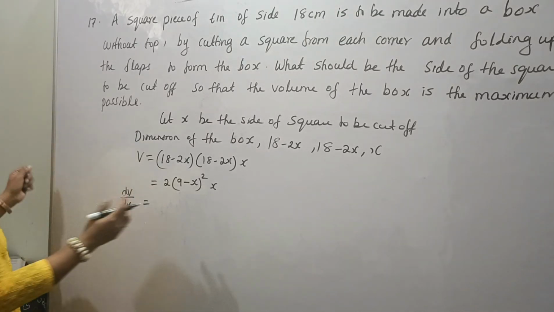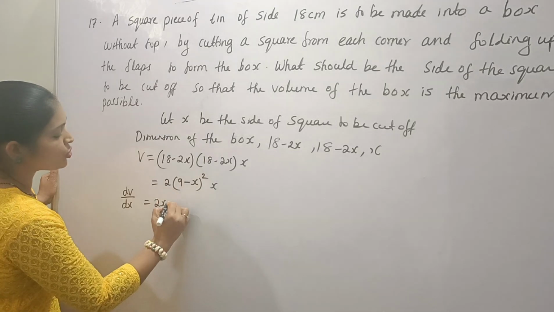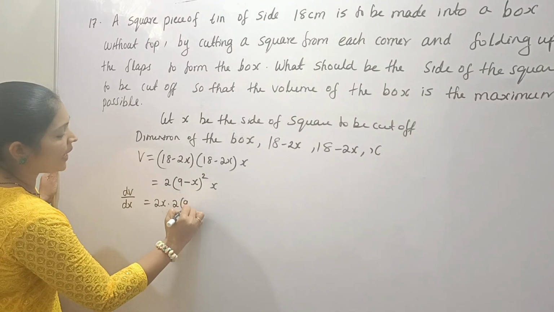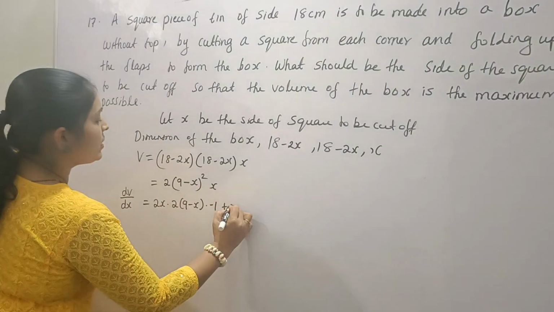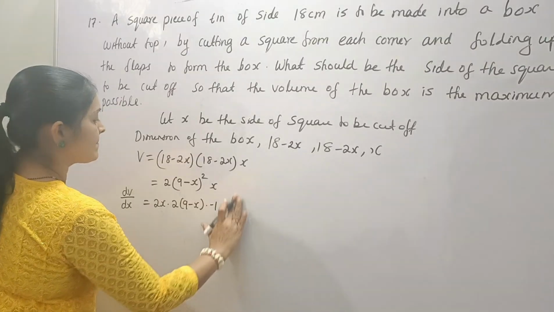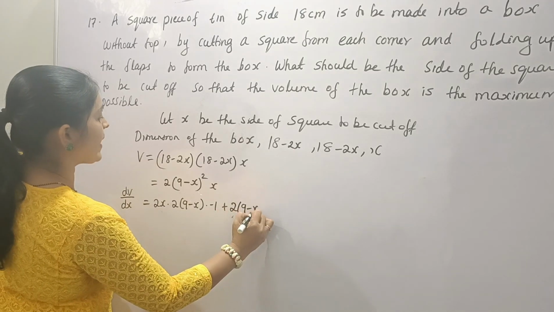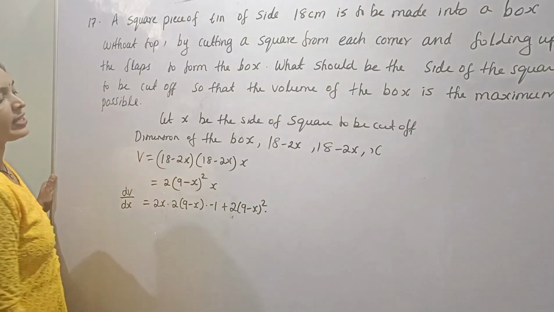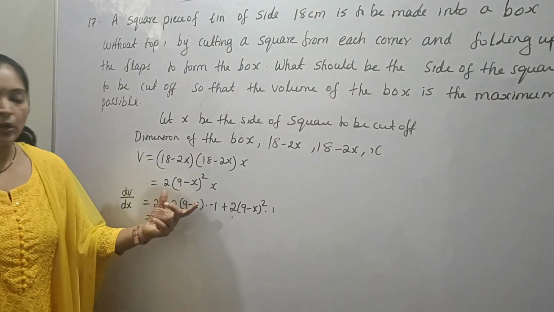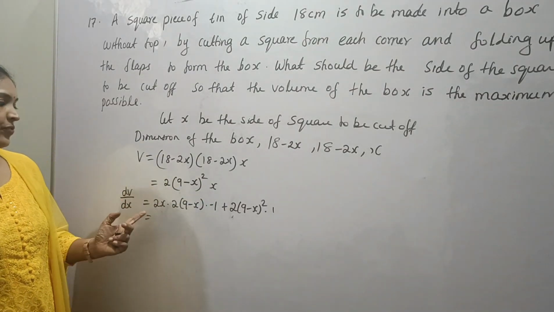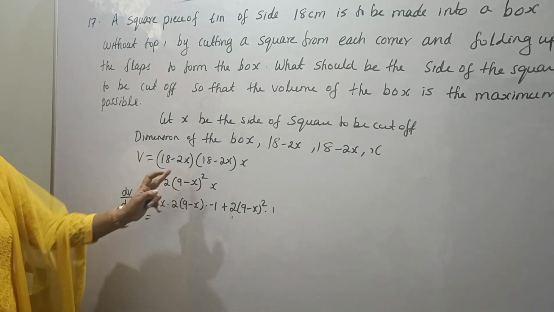Then let's find dV by dx. dV by dx is 2x into the derivative of 9 minus x whole square, which is 2 into 9 minus x into minus 1, plus 2 into 9 minus x whole square into the derivative of x, which is 1. That is equal to, applying the product rule, we have taken 2x as the first function and then 2 into 9 minus x whole square as the second function.